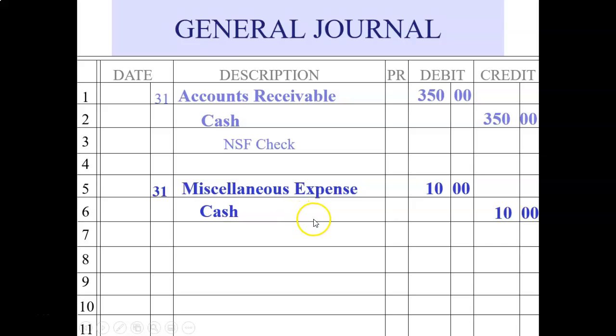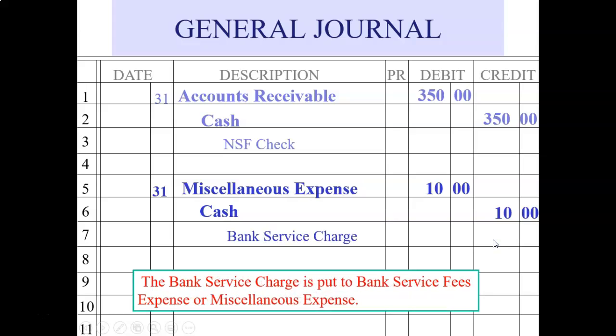Now, the final one was where we had the bank service charge. Again, it was a subtraction, so we automatically know to credit cash. So what do we want to debit? Well, we're going to look again on the chart of accounts for this company. Some companies have an account called bank service fees or bank fee expense or service charge expense, something similar to that.